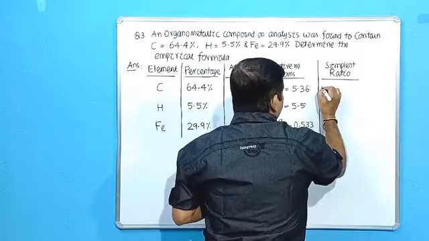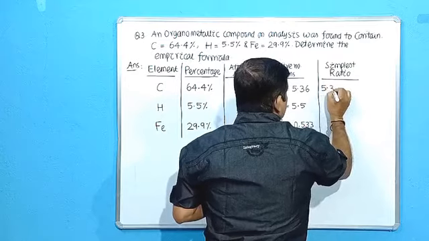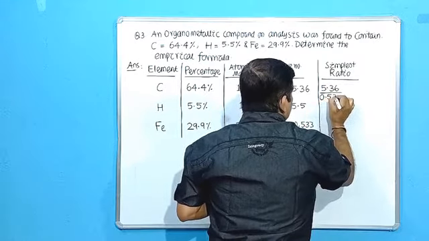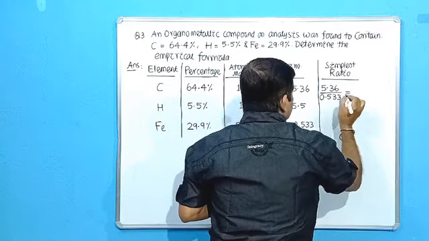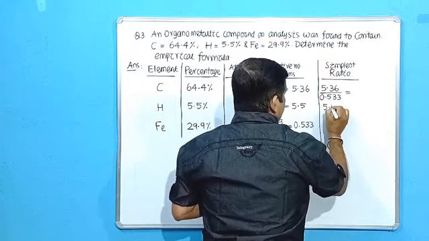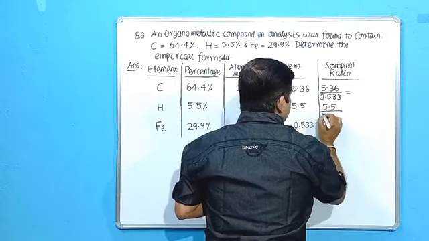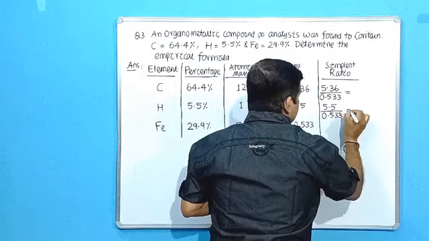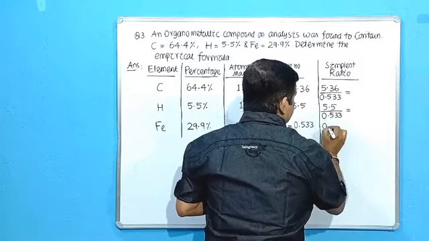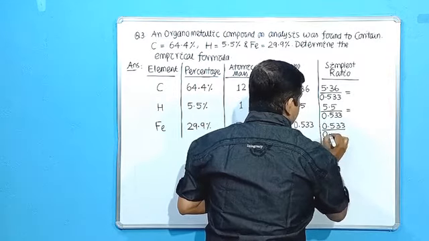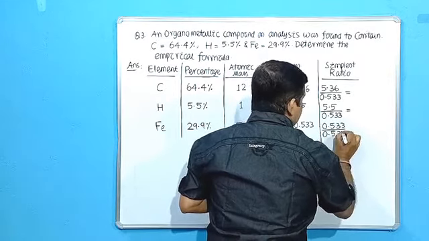So first one will be 5.36 divided by 0.533. Then second one, 5.5 divided by 0.533. Then last one, 0.533 divided by 0.533.